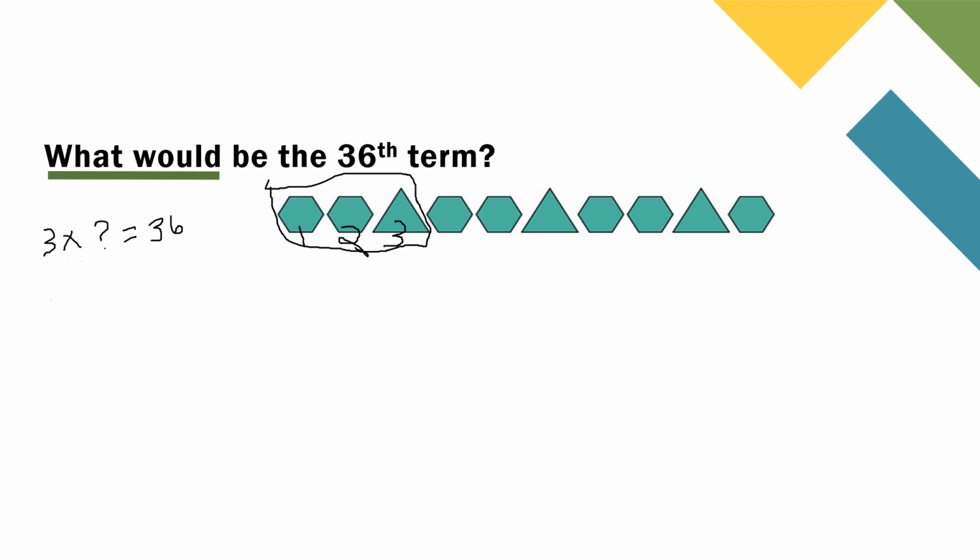If you're not sure about that multiplication fact off the top of your head, remember you can skip count. So 3, 6, 9.